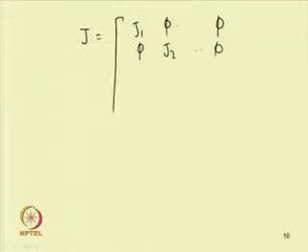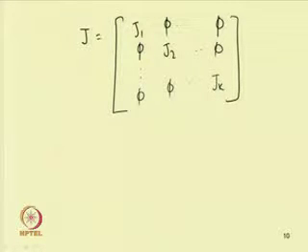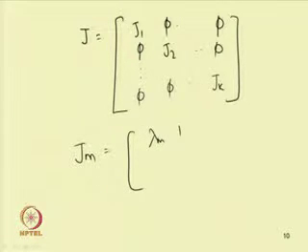Here J m can be written with lambda m on the diagonal, 1 above it, and all other entries 0.